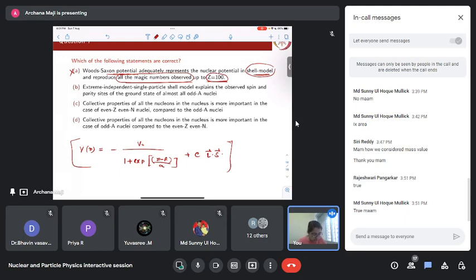Extreme independent single particle shell model explains the observed spin and parity of the ground state of almost all odd A nuclei. So this is what we were using in our problems, the extreme independent single particle shell model for the first 3 problems.